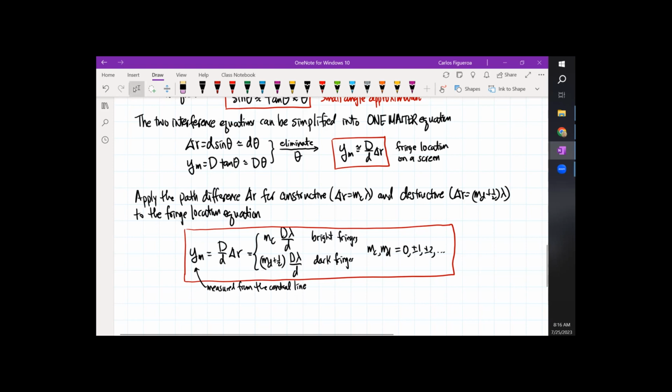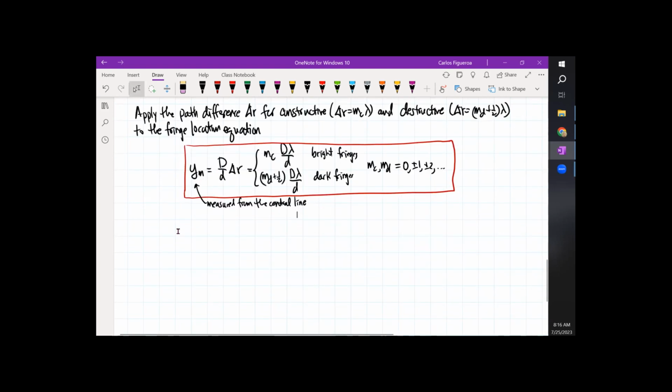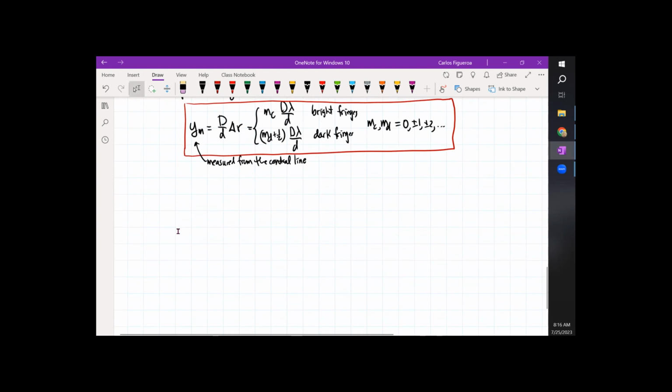So now what I want to do here is start to interpret these fringe locations. So now we're going to start our interpretation of the fringe location equation.